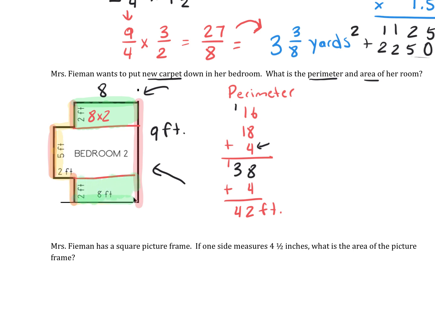And then here in the middle, it is 5 by 10. So if this is 5 by 10, I'm doing 5 times 10. So this is 50, and this is 16, and this is 16. So for the area, we should get 88 feet squared.